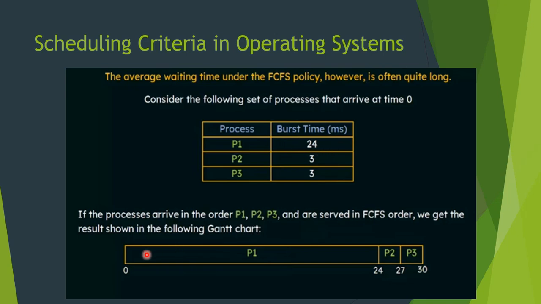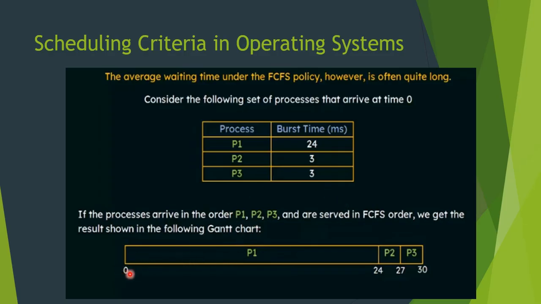So if it's the first to come, process 2 and process 3 will have to wait for 24 milliseconds until it is done, because there's no way it can give out the CPU, because it is non-preemptive. Once the process has begun running, there's no way you can interfere with it until it's done. So process 1, when you draw the Gantt chart, we'll draw it in this manner.